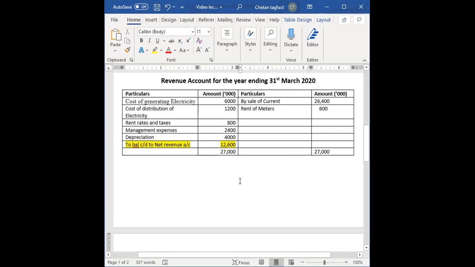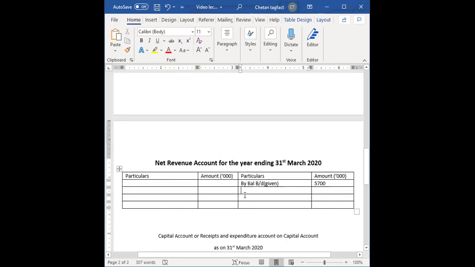So by net revenue account during the year, by revenue account current year. Okay, so the current year balance is said to be 12,600. So I finish my credit side of my net revenue account.